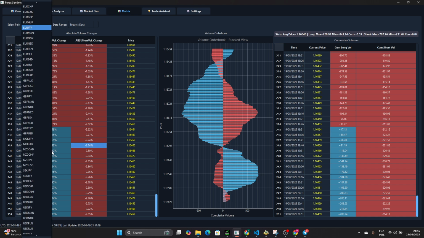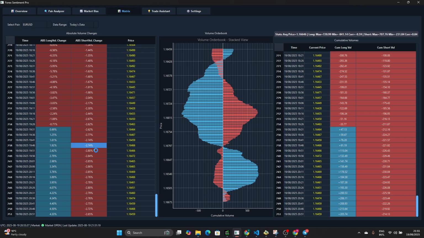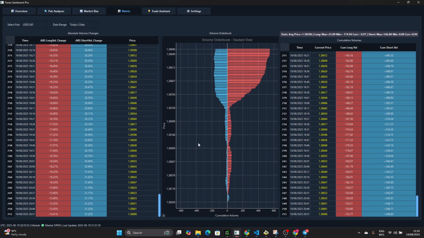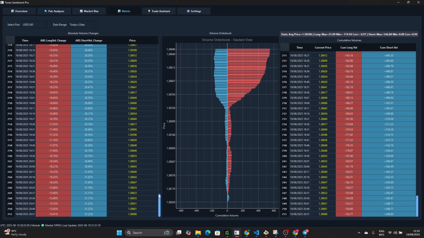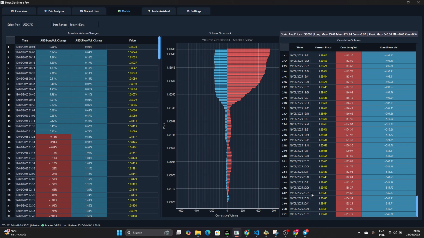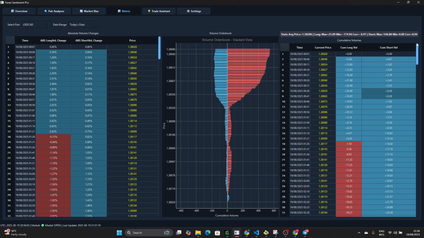So if we're looking at USDCAD, let's see what they did today. When you load in, be patient with it. Just give it a few seconds, and then it will load. Okay, on USDCAD, that's the starting volume, as a starting cumulative.